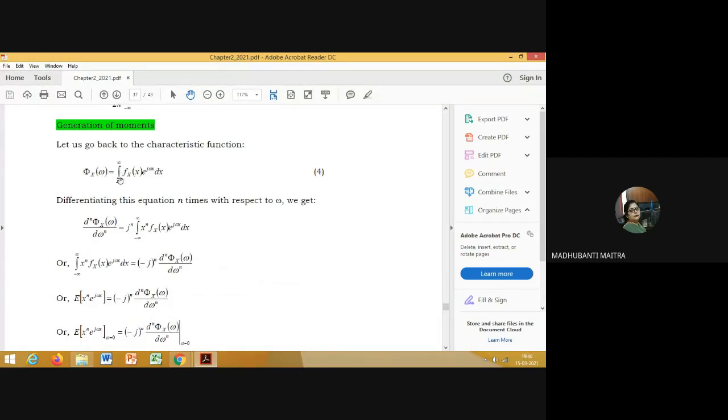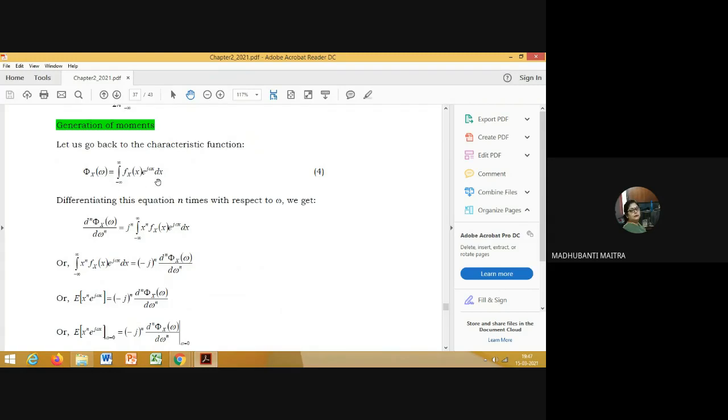That was equal to the integration from minus infinity to infinity of fx e to the power j omega x dx. Note this expression down.